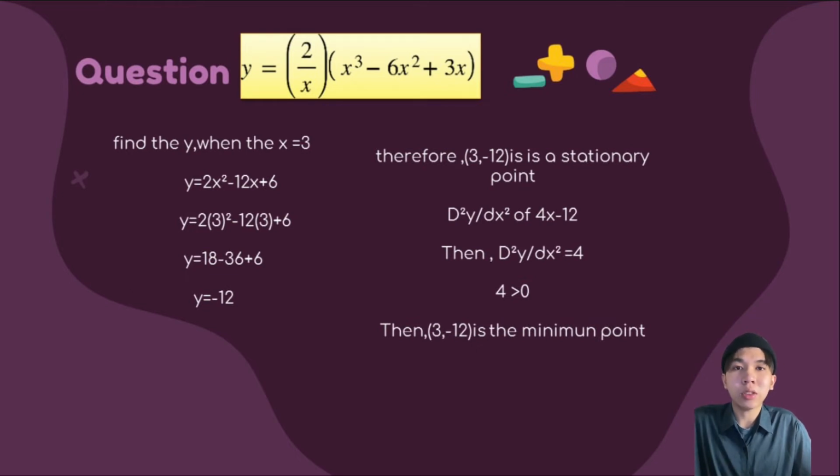When x equals 3, using y equals 2x squared minus 12x plus 6, y equals 2(3 squared) minus 12(3) plus 6. y equals negative 12. Therefore, (3, negative 12) is a stationary point. Then, the second derivative of 4x minus 12 is 4, and 4 is bigger than 0. So (3, negative 12) is the minimum point.